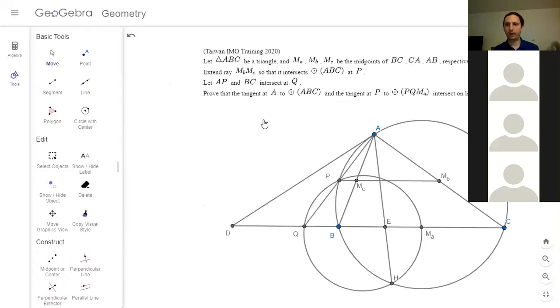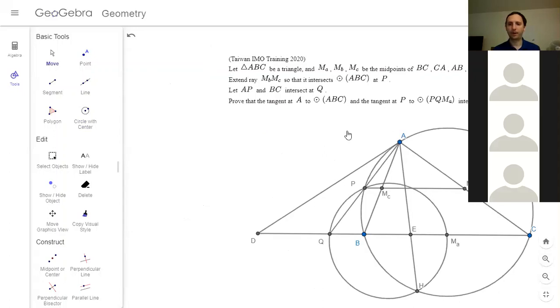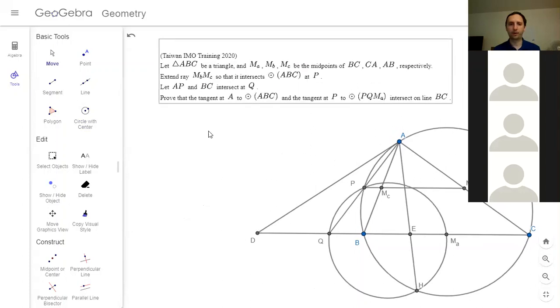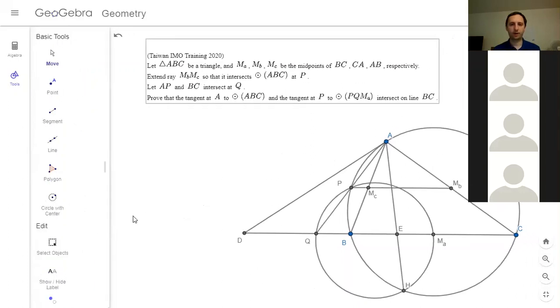Okay, so I'm going to start writing out what we've sort of mentioned, and I have some confidence that it'll help us out.